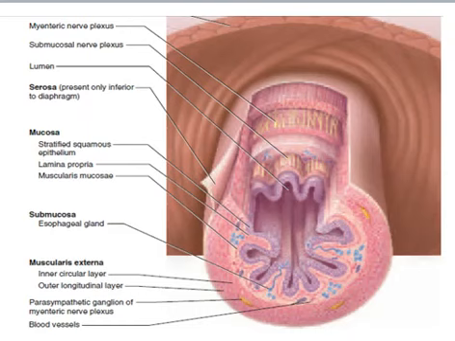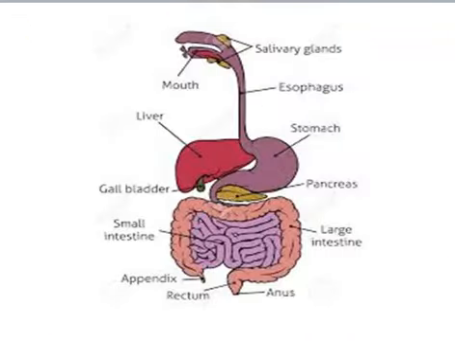Now, we will return back to the principal organs of the digestive system. The first principal organ is the mouth, also called the oral or buccal cavity, and it has many functions like ingestion, which means food intake, taste, mastication, chemical digestion, deglutition, speech, and respiration.